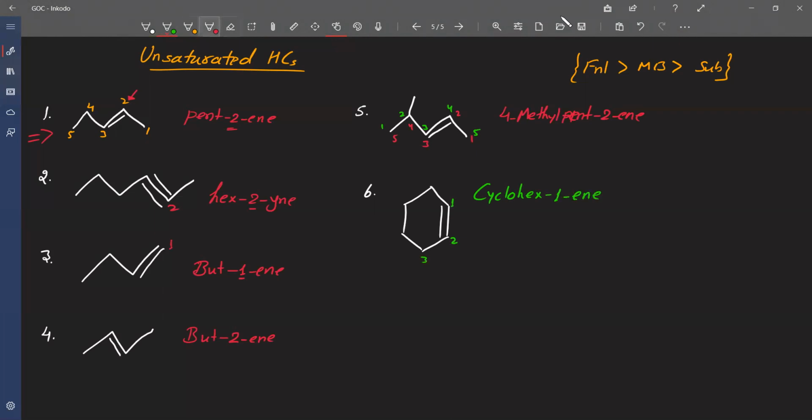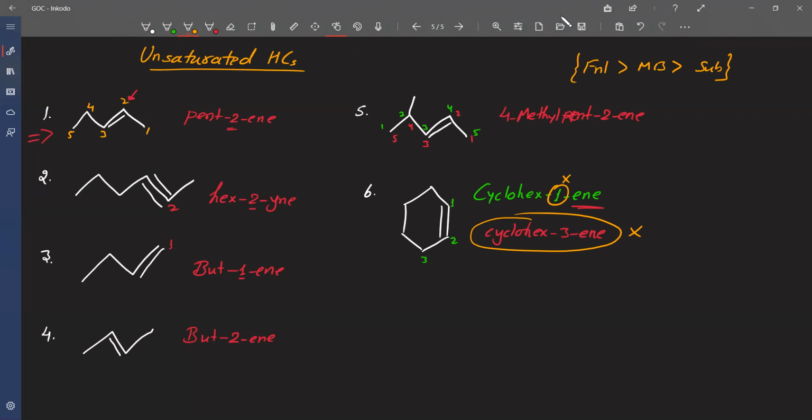Now here, if it is a cyclic compound and there is only one ene, is it possible to have a compound whose name is cyclohex-3-ene? Is it possible? No. So this number is not required. This position is not required when there is only one double bond in a cyclic compound.